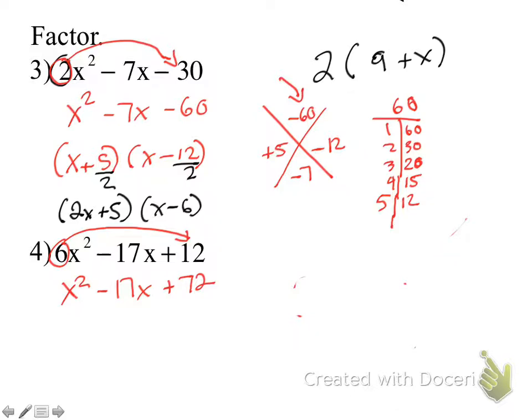Good. Your x marks the spot. We need positive 72, negative 17. So, Kayla, notice I'm putting positive 72 on top, negative 17. He's saying what are the two numbers that add to negative 17 but multiply to positive 72?